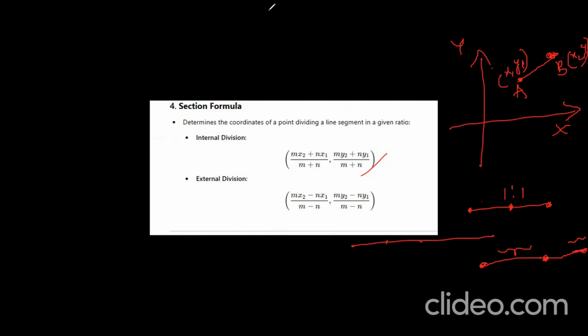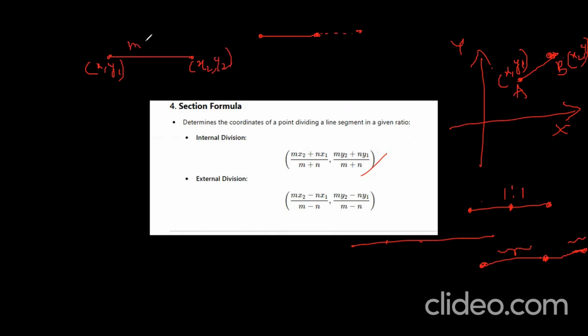Suppose the point is outside the segment, like this, and it divides the line from outside, then it is called external division. For internal division, take x1, y1 and x2, y2 as the 2 points.